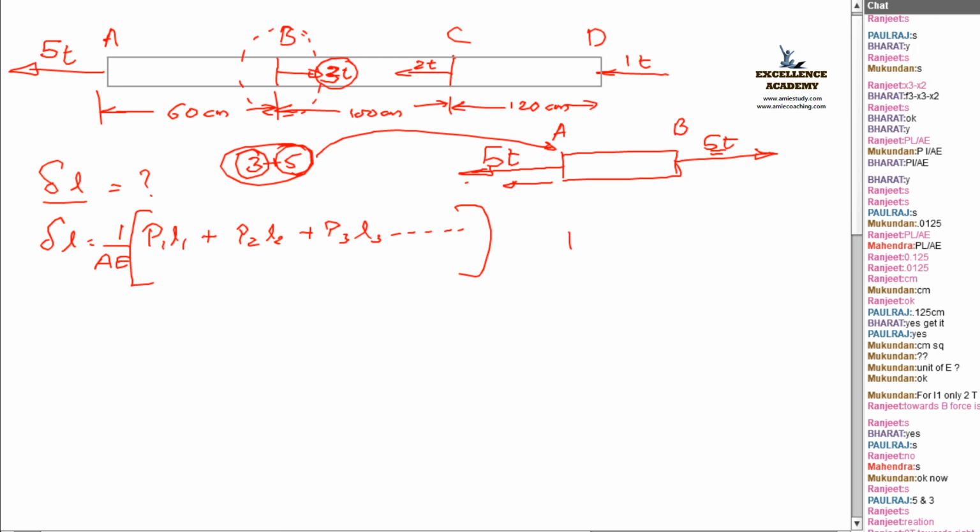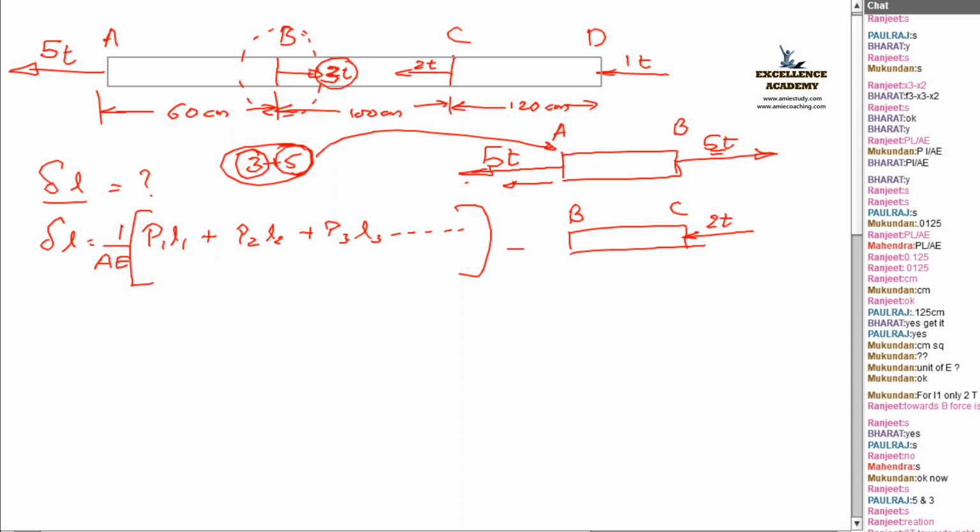Next, I am going to draw the free body diagram of BC. Okay, listen carefully. Here I got the information that at point C, only 2 ton is acting. That is compressive, that means it is acting inwards like that, isn't it?